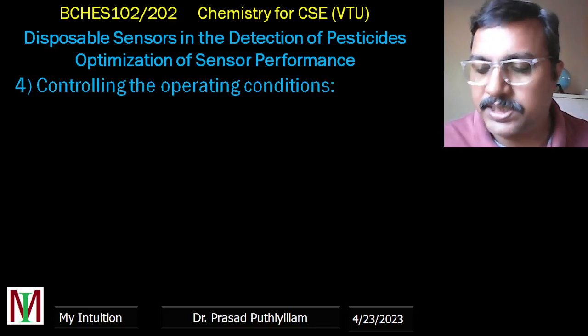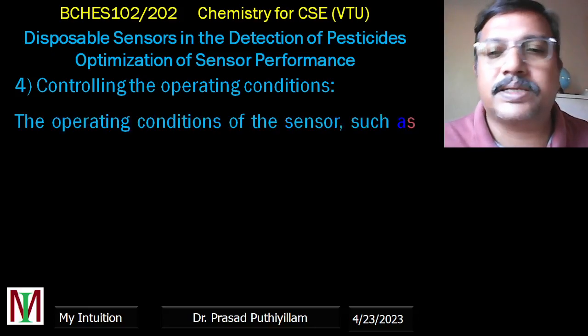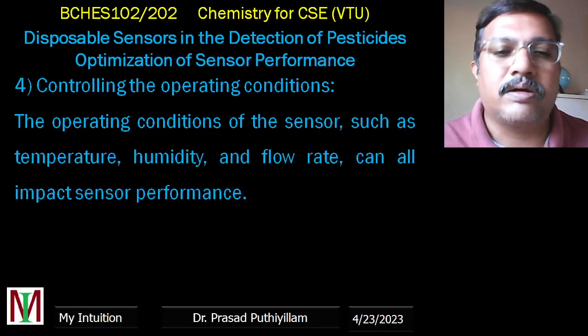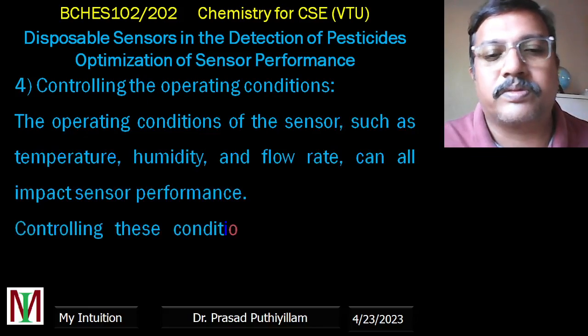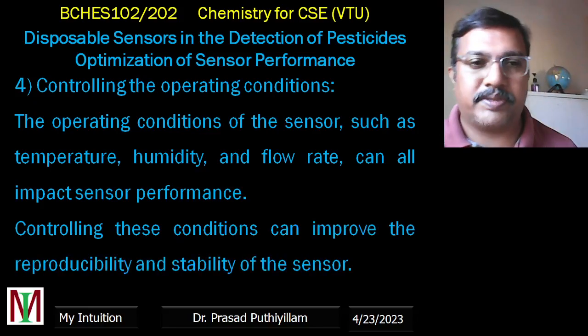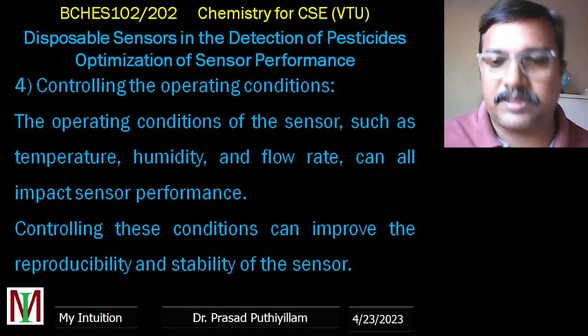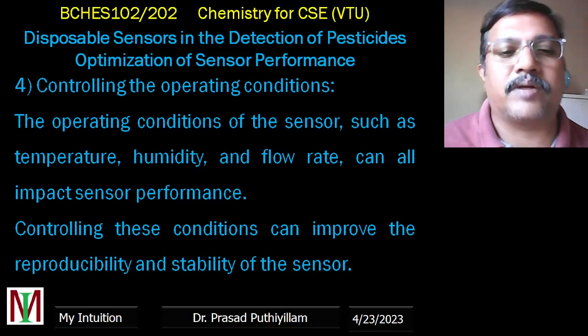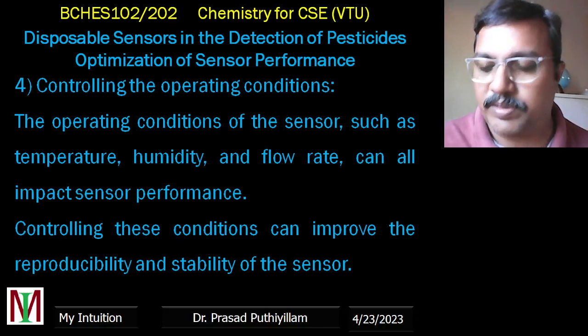Controlling the operating conditions. The operating conditions of the sensor, such as temperature, humidity and flow rate, all impact the sensor performance. So we should have better control of the environment in which we are using it. We have to consider this and optimize it to get a better performance.